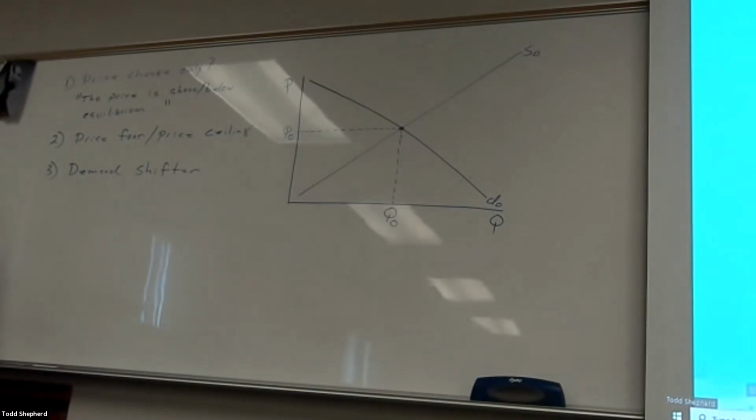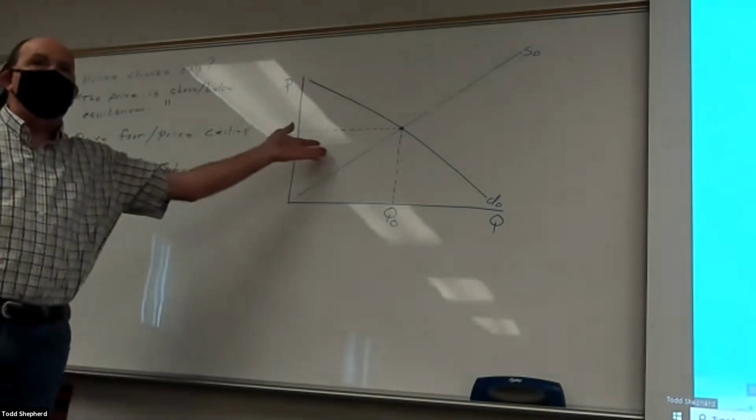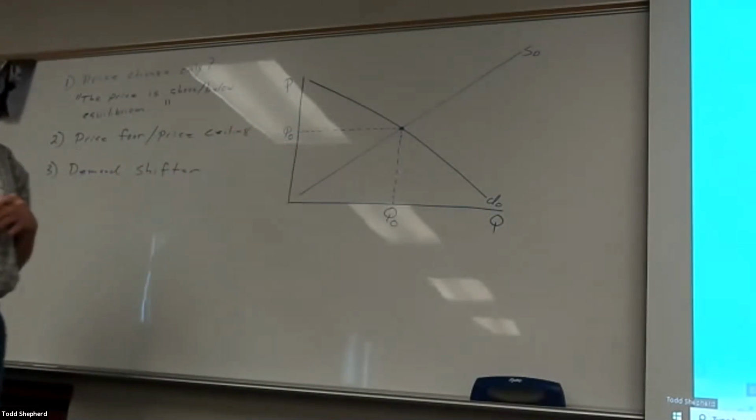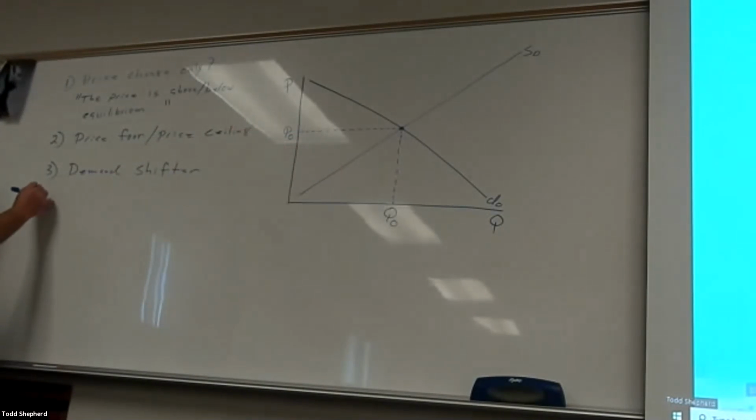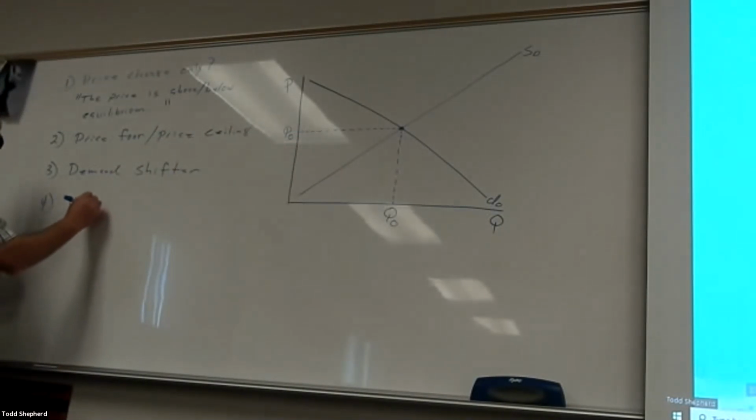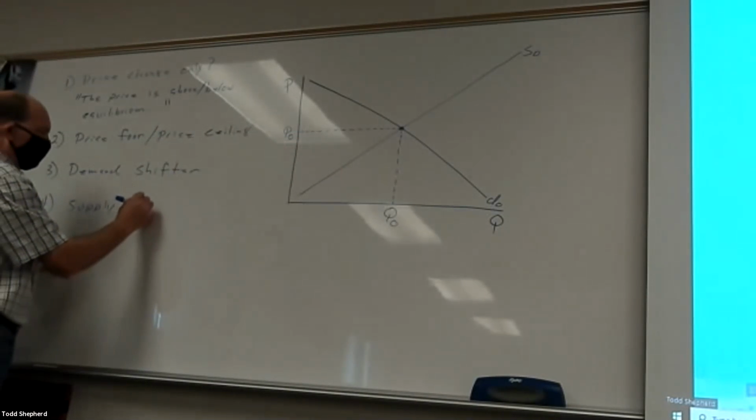And I want you to start going through your notes and looking to see whatever is listed here, does this show up under the demand side? And if it is, identify it, read your rule, and then go in and make the appropriate move in your market. If you can't find it under the demand side, then it could be a supply shifter.